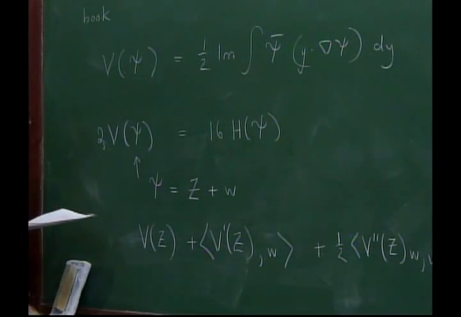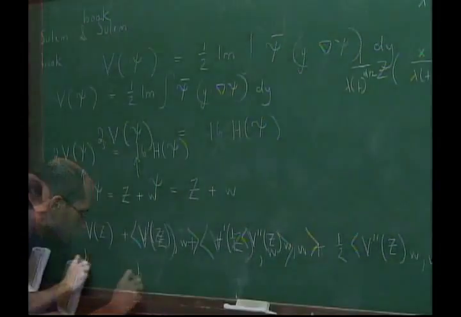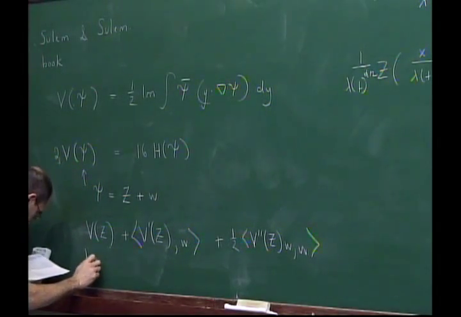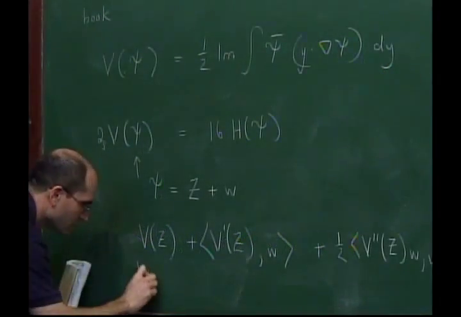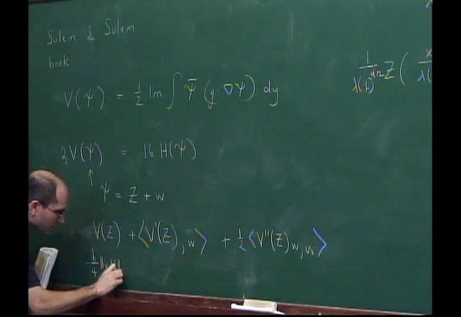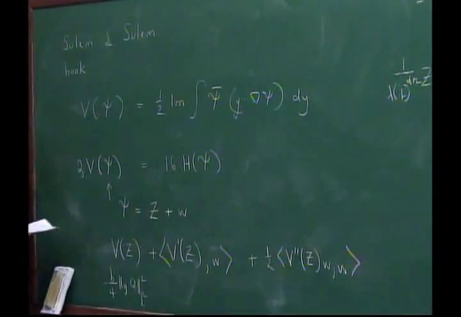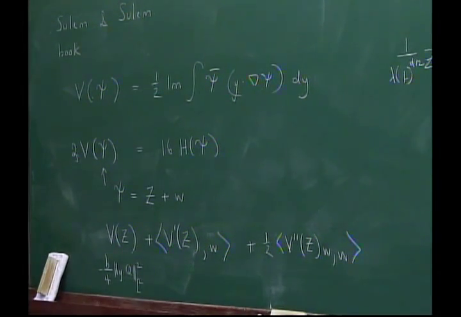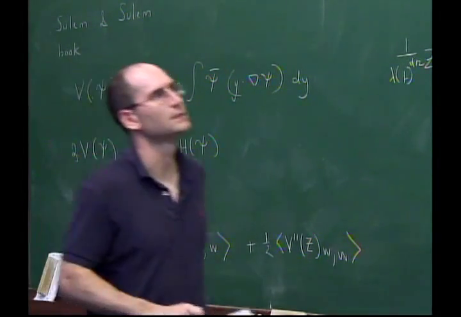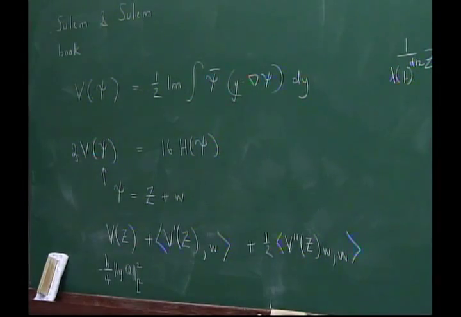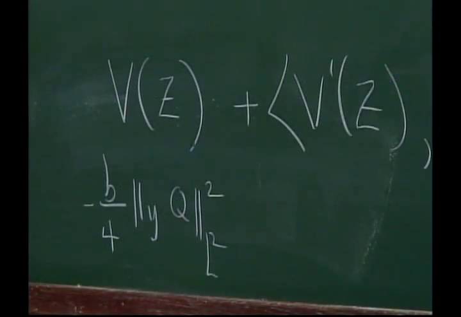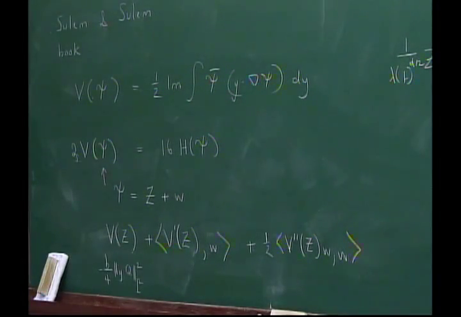I think it's actually minus b over 4, times the L2 norm squared of y q. Oh, I'm sorry, not b squared. It's b. It comes from this vector. Okay, so there's that term.